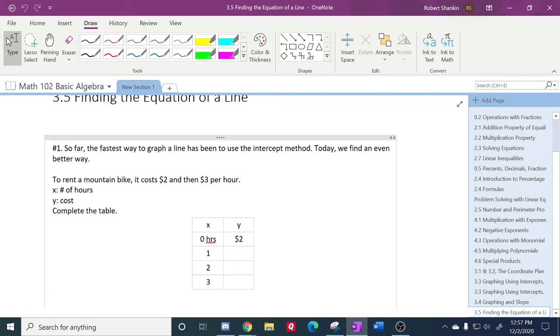If x is the number of hours, y is the cost. I'm going to give you a small amount of time to complete this table. Let me give you a quick minute for that.